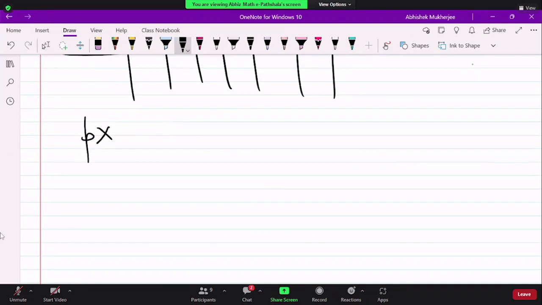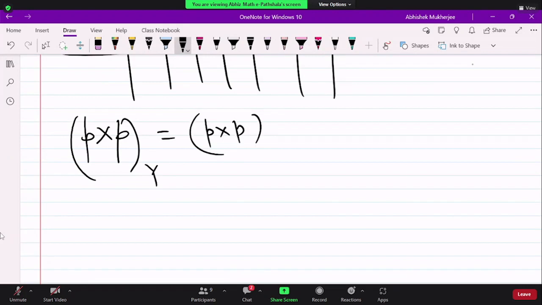So this restriction, let us call it P cross P restricted to y tilde, and it is a map from this to y.